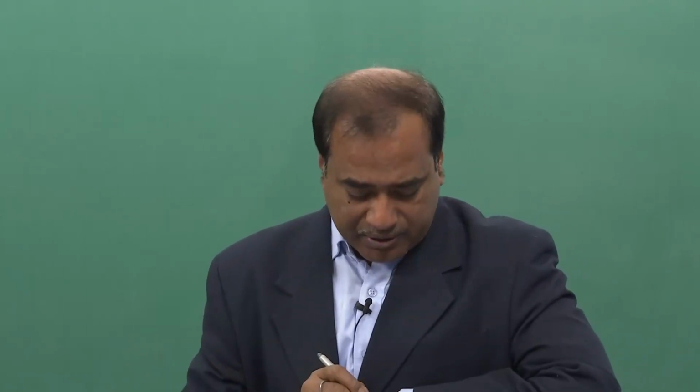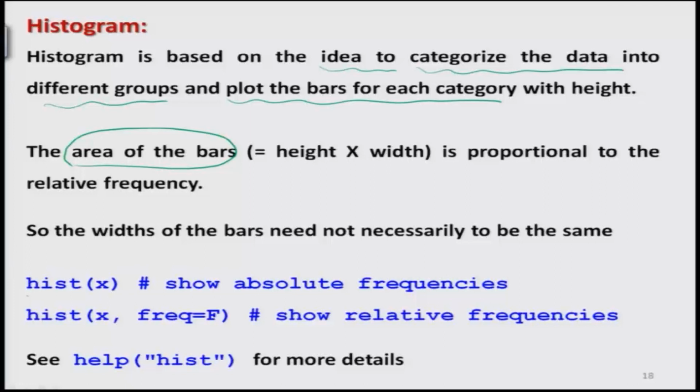In order to create a histogram in, say, R, we have a command hist, and inside the argument we give the data, and this function will create a histogram using the absolute frequencies.